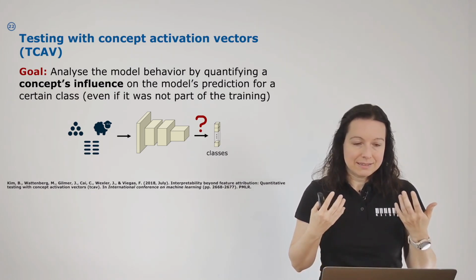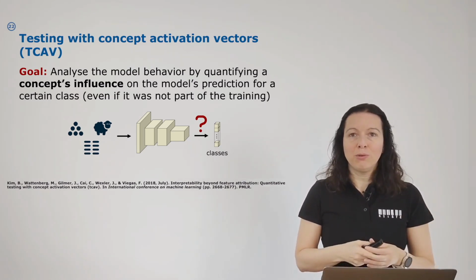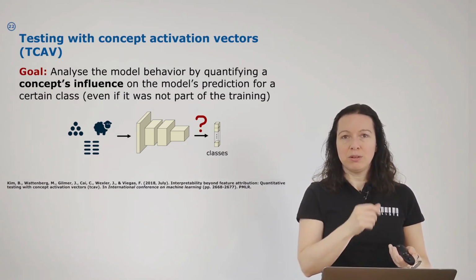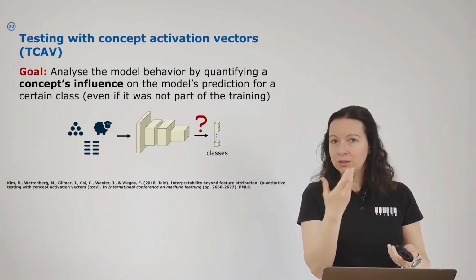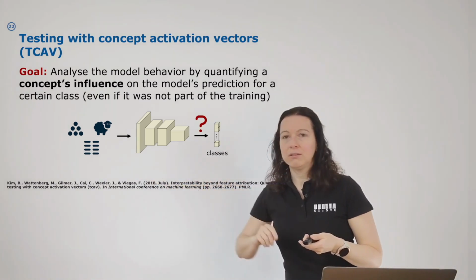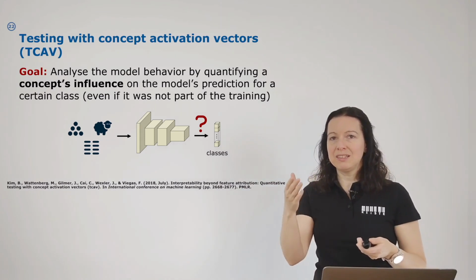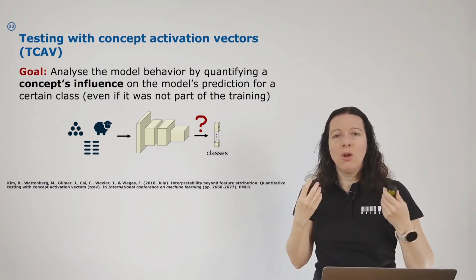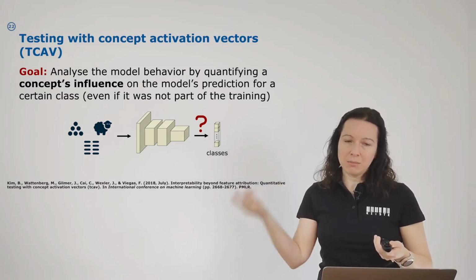So you're not restricted anymore to what you already have in your input image, the pixel values or the features, but now you can come up with a different concept. And is this concept, which is easy for you to understand, actually influencing my decision?